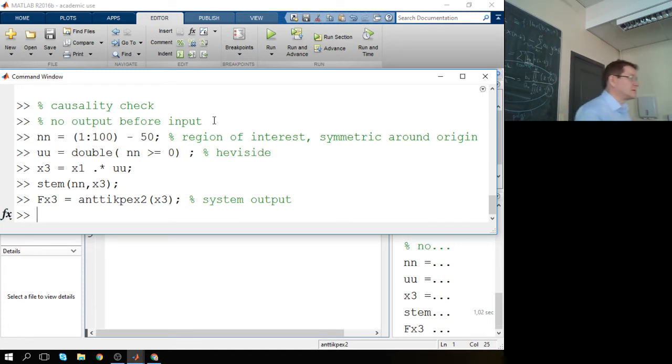Okay. Again, we check with the norm. So we calculate the norm of fx3 at the places where n is less than 0. So the index vector values less than 0, and calculate the norm of those points.